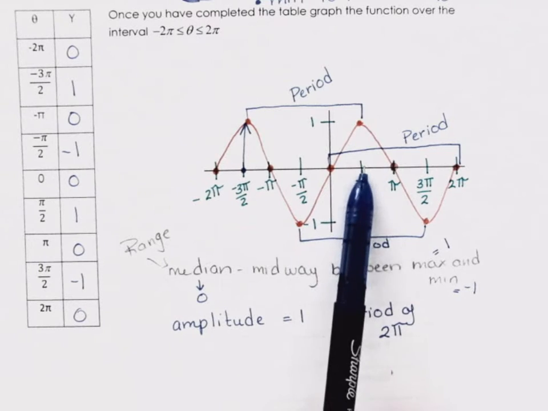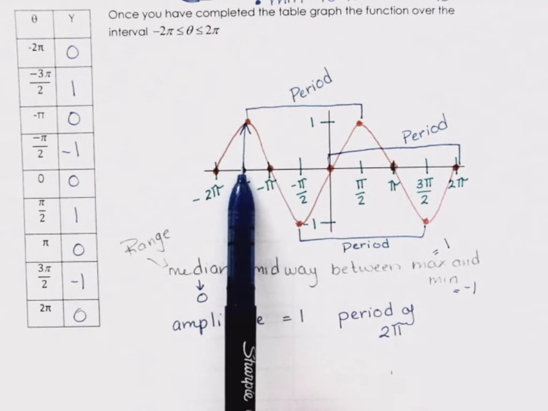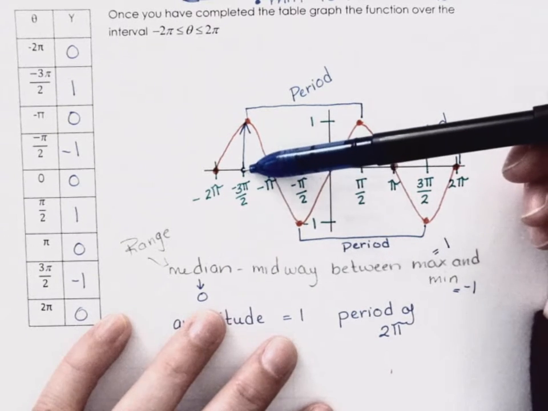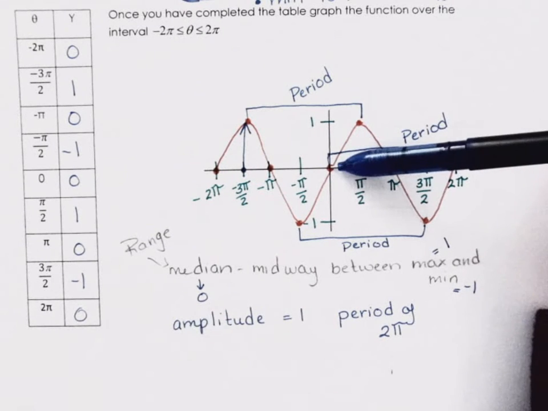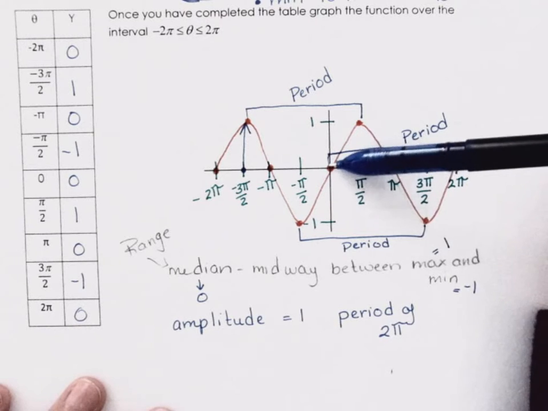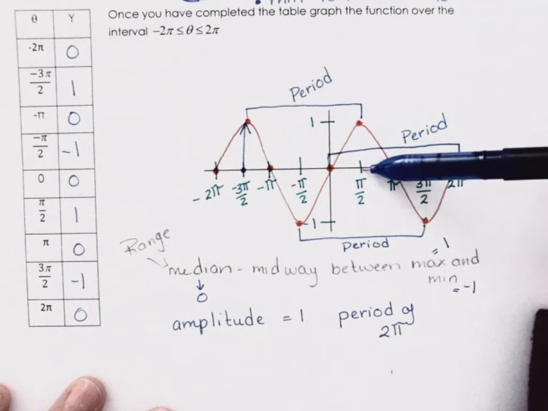Let's do something a little bit more difficult. How far have I traveled if I go from negative 3 pi over 2 to 0? I've traveled 3 pi over 2. And then I've gone another half pi. How far have I traveled? 2 pi.